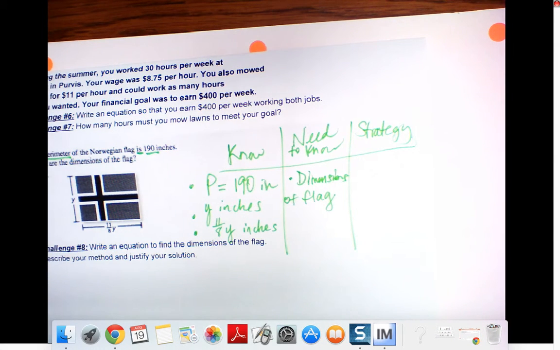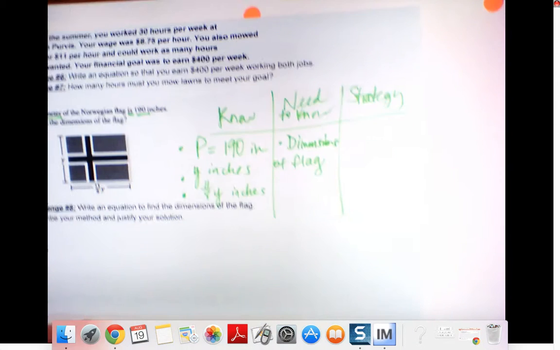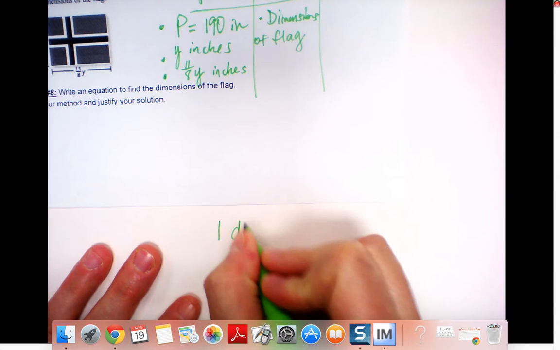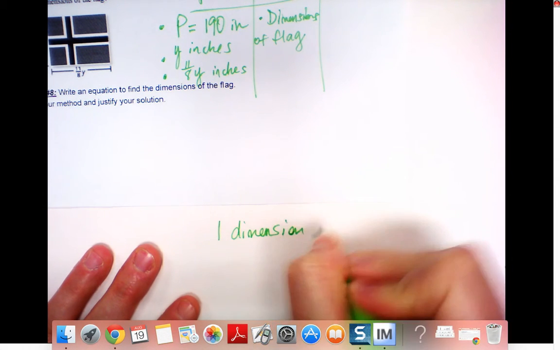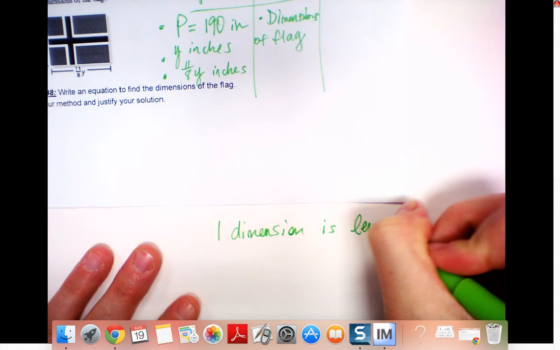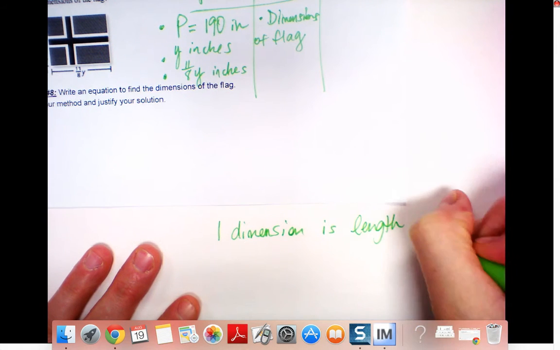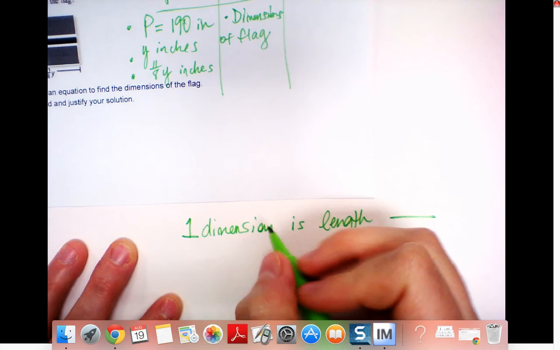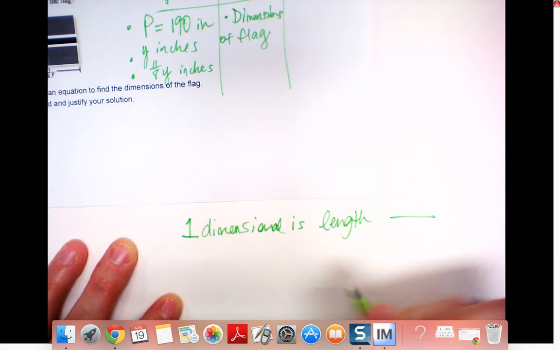So we have one-dimensional objects, two-dimensional, three-dimensional, and there is also a fourth dimension. So one dimension, and I'm going to go off on a little tangent down here. One dimension is length. So a line is one dimension.